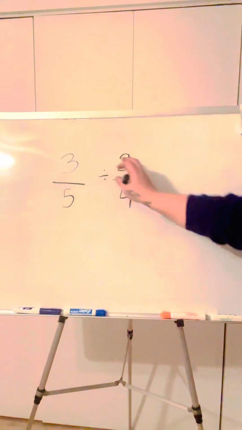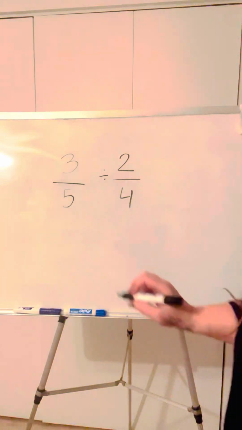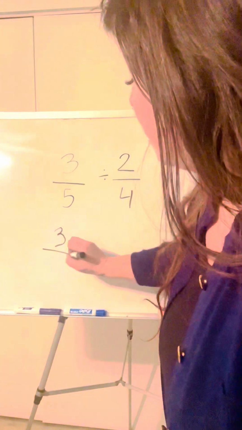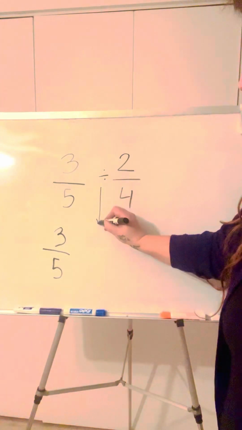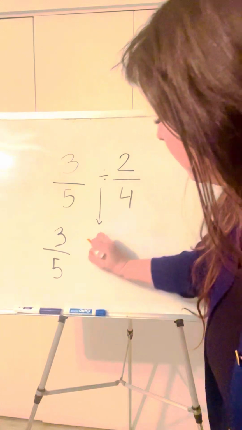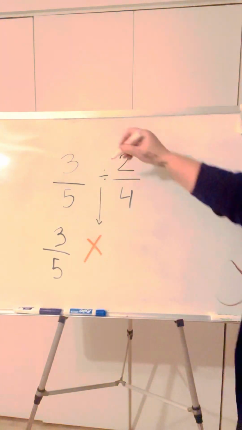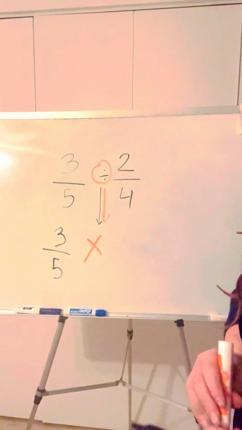You can't divide 3 by 2 unless you get a decimal. So simple. All you have to do is recopy the fraction, turn this into a multiplication.